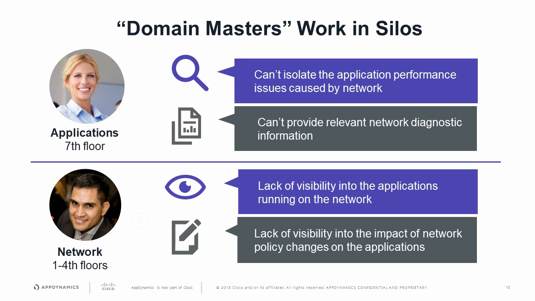How any policy change in my network affects the application, they don't have visibility into this. And our objective is to break these silos down where these teams can work very closely with each other, and if application downtime happens, you can root cause it much faster.